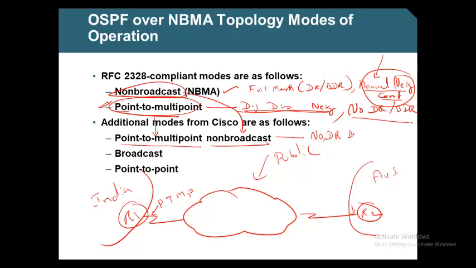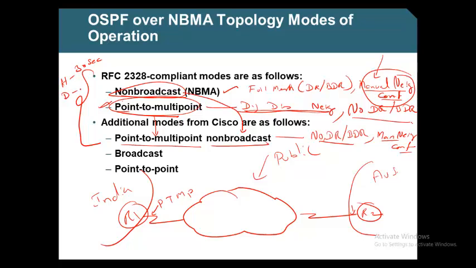Neighbors are manually configured. Best of that two means this two. In all these three, the hello packets are sent every 30 seconds, and the dead timer is 120 seconds.